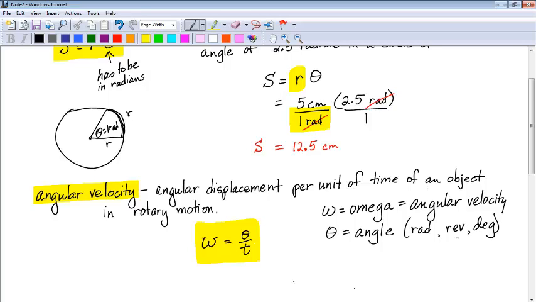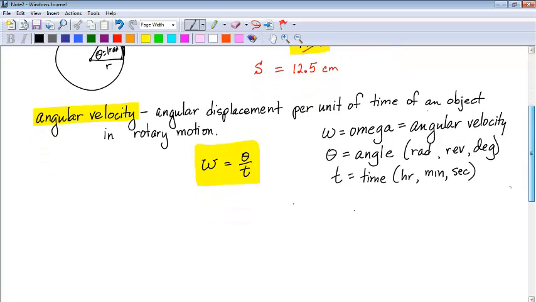It's an angle per unit of time. And the t is time. Again, the time might be in hours, might be in minutes, might be in seconds. It has to be per unit of time. In the book, when they tell you something is in RPMs, this R stands for revolutions. This is revolutions per minute.